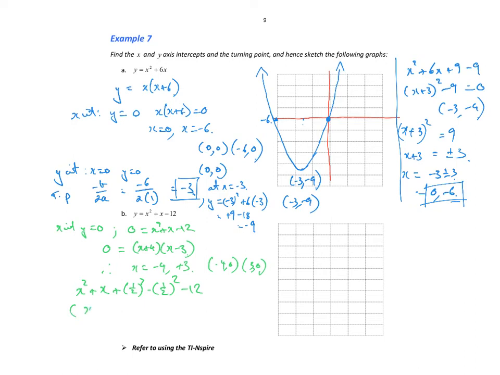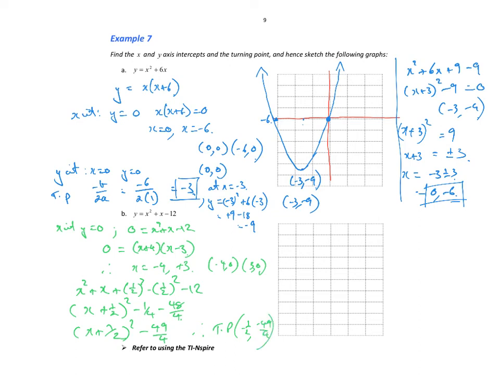So I get (x plus a half) all squared minus a quarter minus 48 on 4. So I get (x plus a half) all squared minus 49 on 4. Therefore, the turning point is at (minus a half, negative 49 on 4).